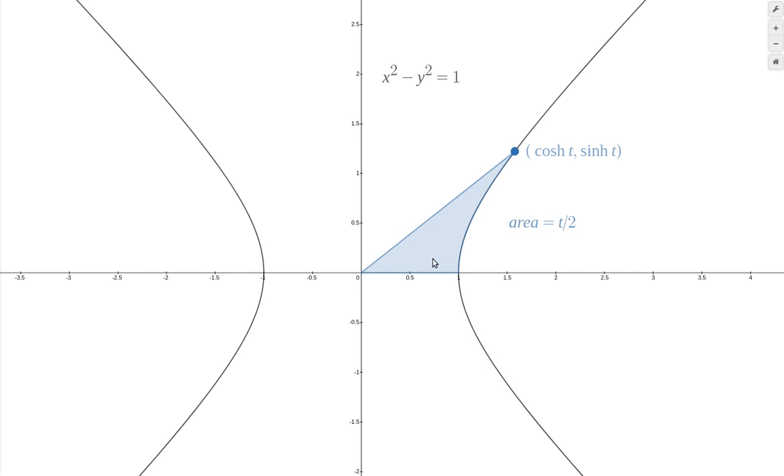So we want to consider the area t and use some calculus to compute that area and relate this to these coordinates cosh t and sinh t. And we're going to take advantage of the symmetry of this picture and focus just on the top half in a way that looks like our original circular function picture, where the area is actually half of t.